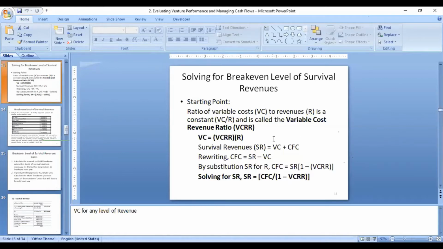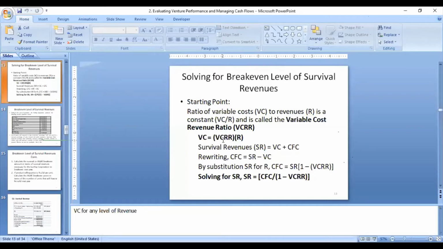So from that equation you can derive that cash fixed cost is equal to survival revenue minus variable cost. Then by substituting the survival revenue instead of the R, you will get the equation like this: cash fixed cost is equal to survival revenue into 1 minus variable cost revenue ratio.